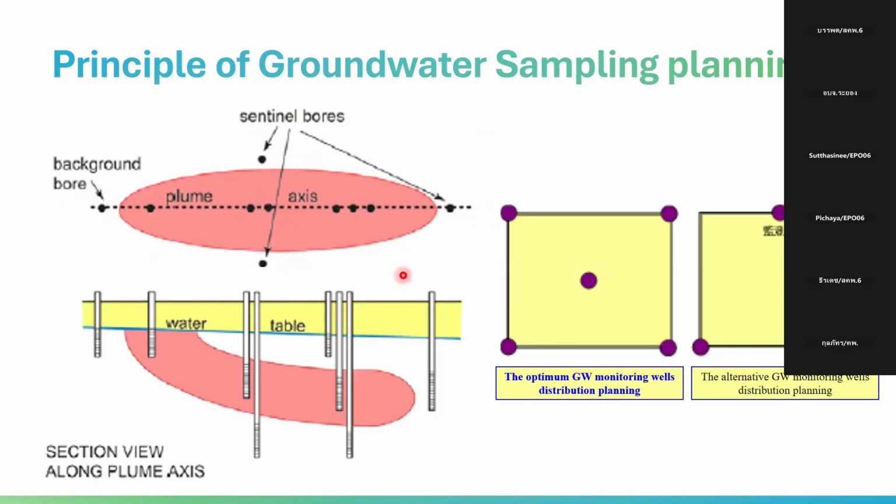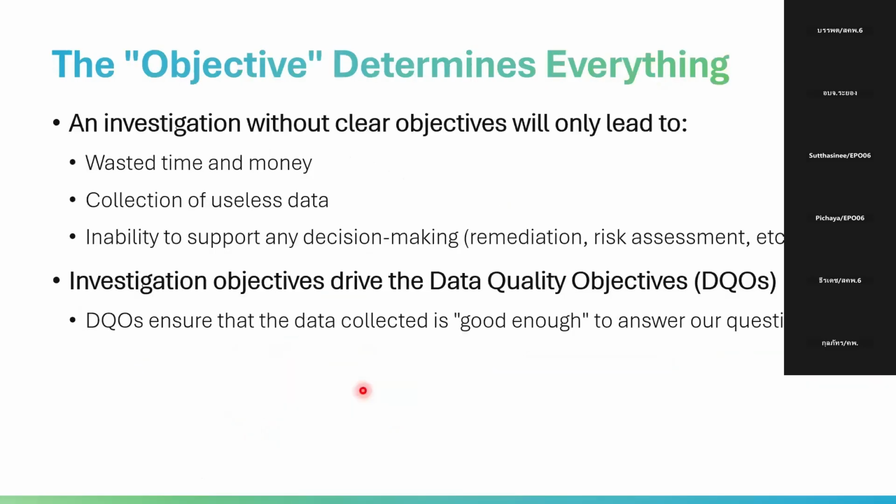And don't forget the 3D information. So you have to set up open screens at different depths and try to figure out the potential distribution underground. So the objective is very, very important.